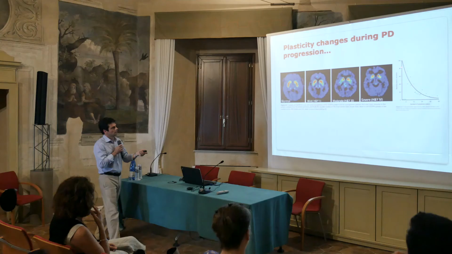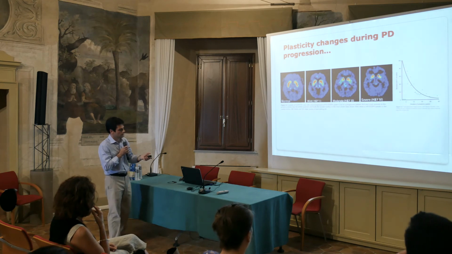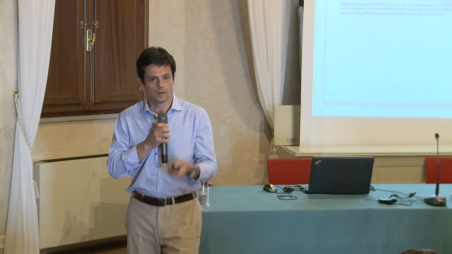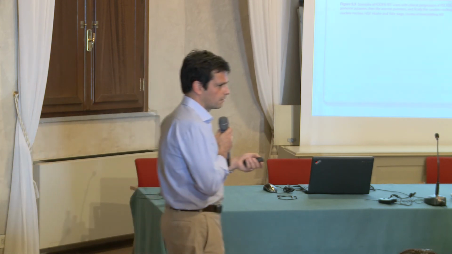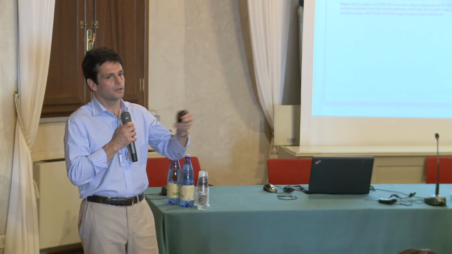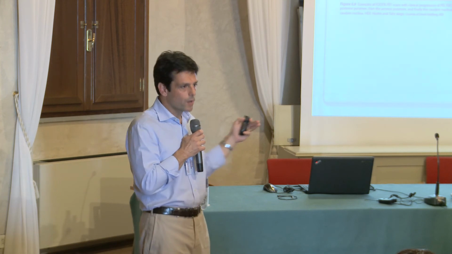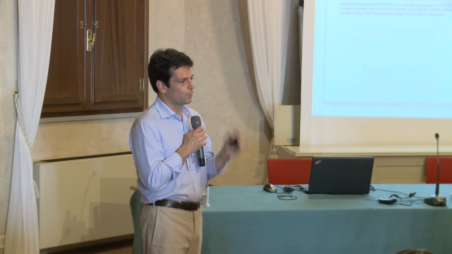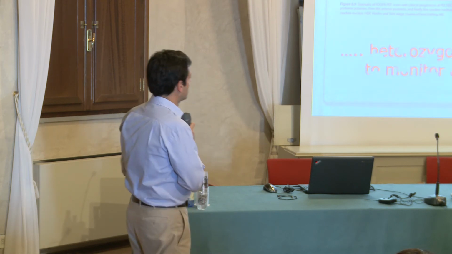And so you see how it goes down along the years, along disease progression, the amount of dopamine in the striatum, which means, first of all, that the level of dopamine is clinically relevant. So the symptoms have a direct correlation with the amount of dopamine present in the striatum.